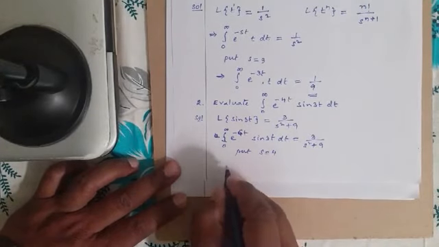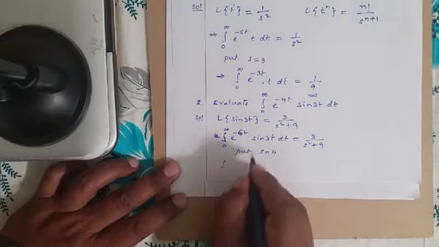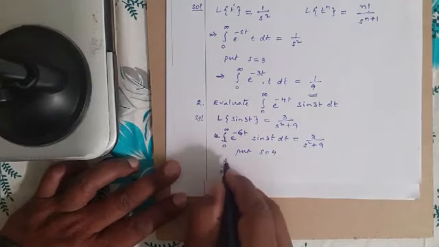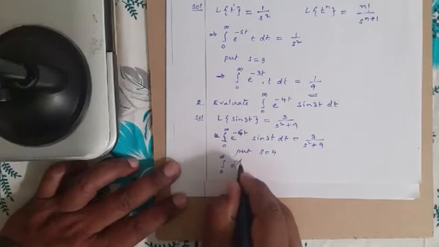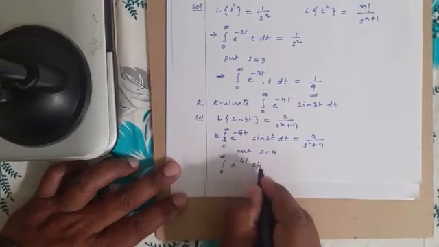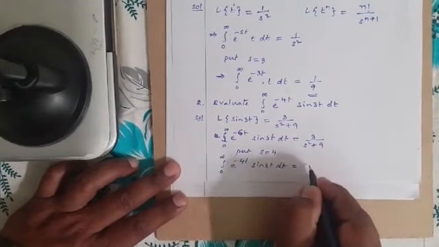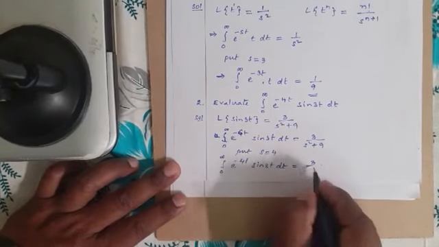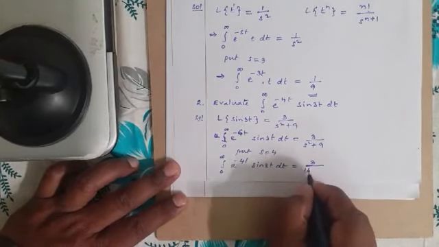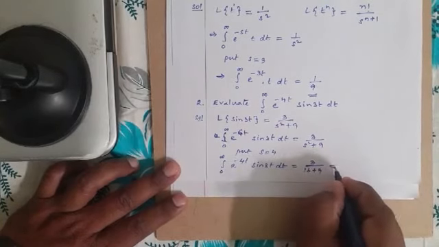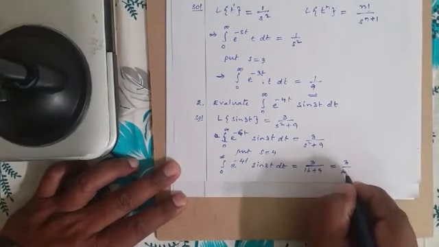Put s is equal to 4. If you substitute s is equal to 4 here, you get integral 0 to infinity e power minus 4t sine 3t dt equal to 3 upon, in the place of s we substitute 4, so that becomes 3 upon 16 plus 9. So that is equal to 3 by 25.